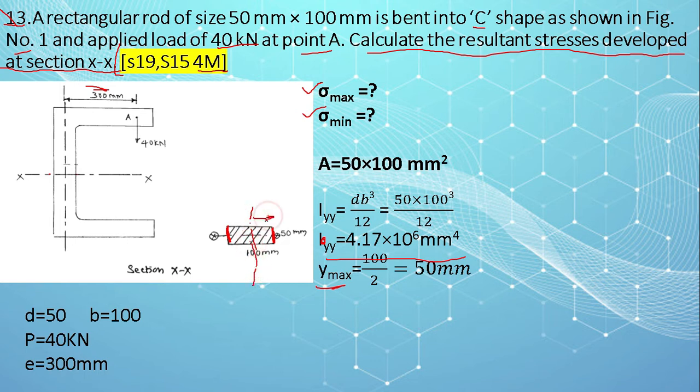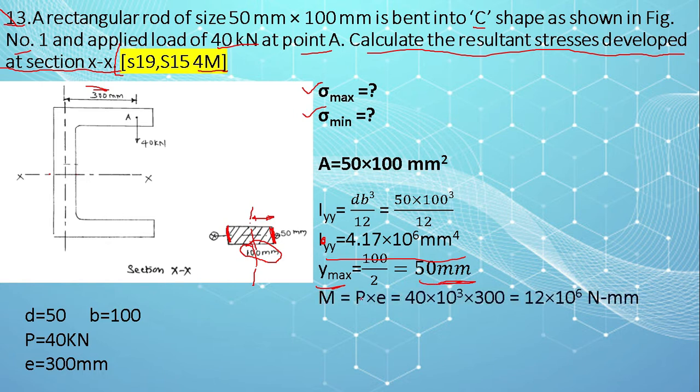So y means this much distance, and this total is 100. Therefore distance of this extreme fiber from this neutral axis is 100 by 2. Therefore y is equal to 50 mm.